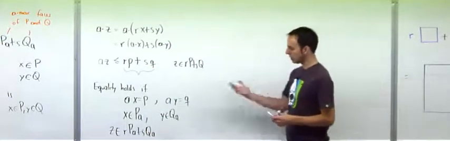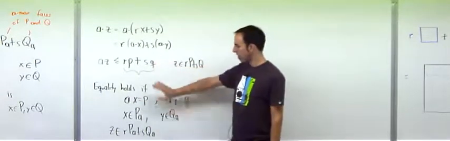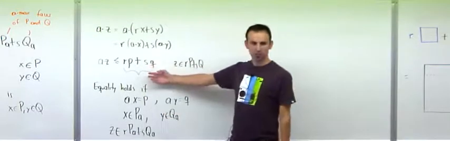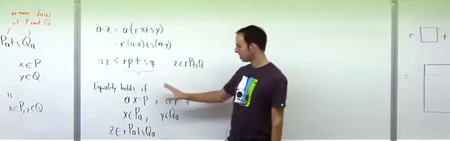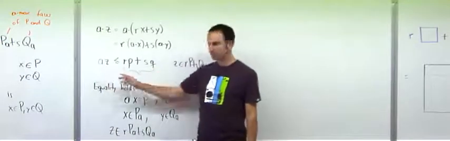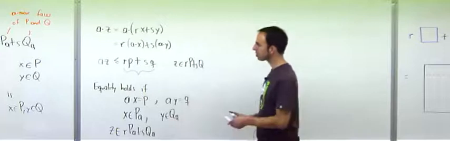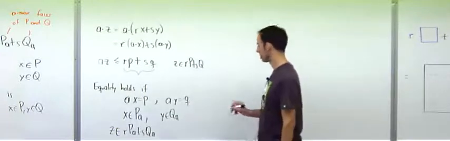So if z lies in here, then the equalities hold. And if z doesn't lie in here, then this is a strict inequality. So these are precisely the points where the function a dot something is maximized. And so this is the maximal face in direction a. So that proves the lemma.